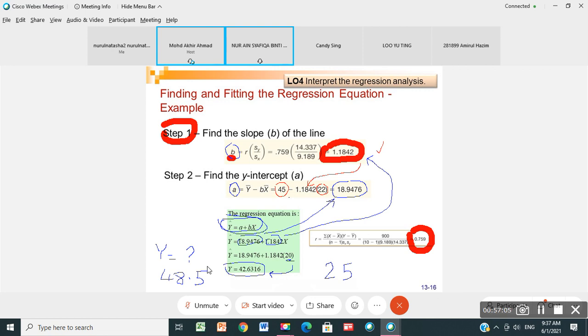Nak tanya apa, boleh tak ulang yang Y tu? Kita tak faham yang Y. Y slide nombor berapa? Tak, ni Y sama dengan 48.5. So this one kita guna formula yang sama. So kita using this formula.